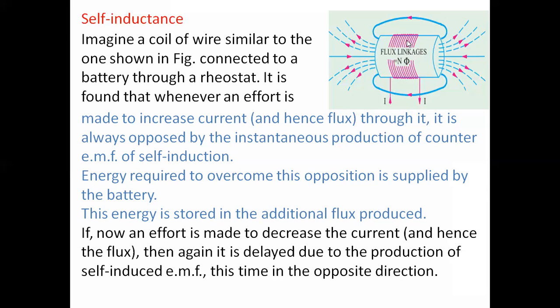The generated current is opposite to the applied current, and due to that there is a variation in the generated flux. Suppose we have to maintain the generated flux constant. Then we have to apply more current, or provide more energy, so that it maintains the constant flux.